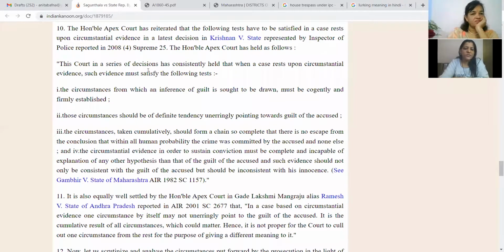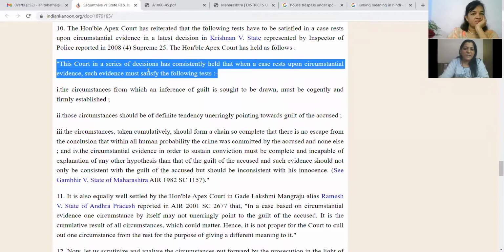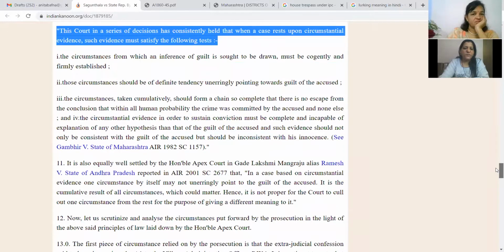This court in a series of decisions has consistently held that when a case rests upon circumstantial evidence, such evidence must satisfy the following tests. The circumstances from which an inference of guilt is sought to be drawn must be cogently and firmly established. Those circumstances should be of a definite tendency, unerringly pointing towards guilt of the accused.